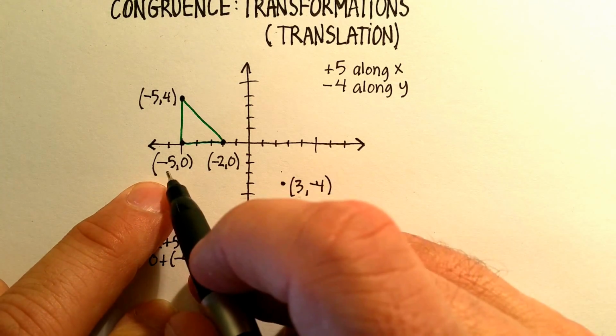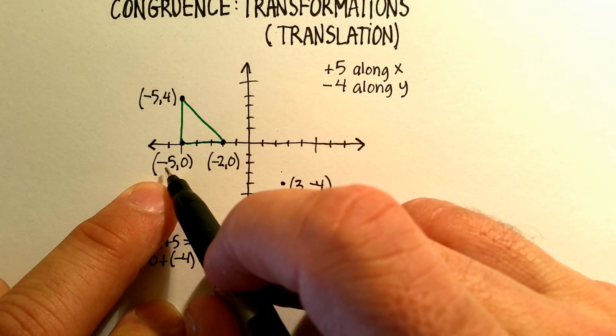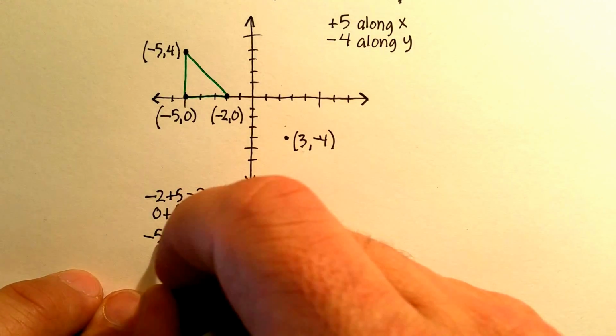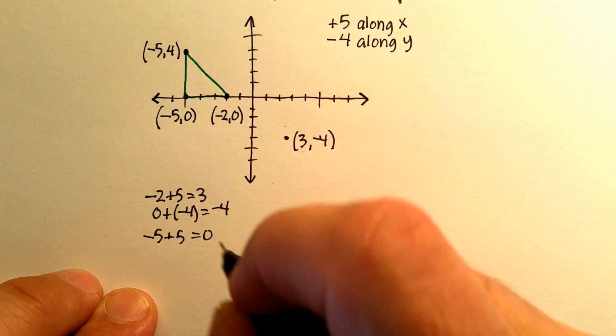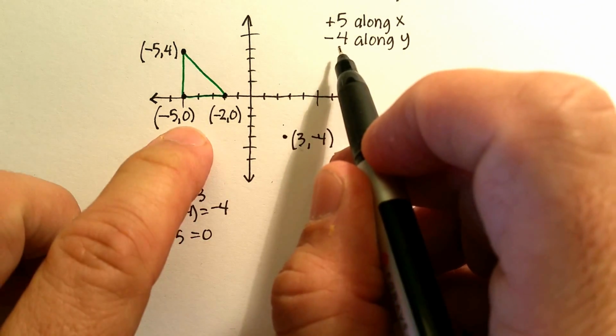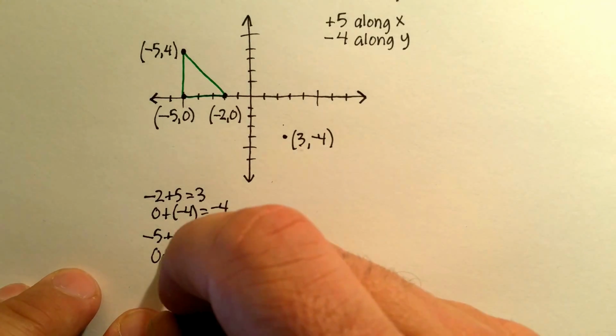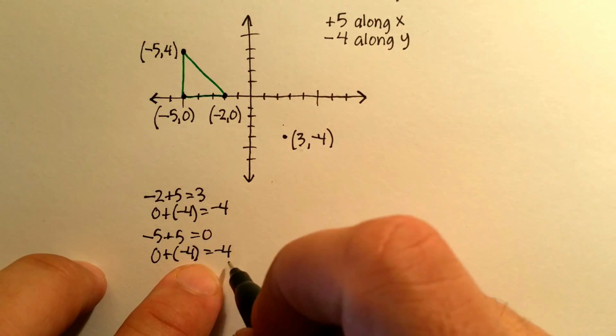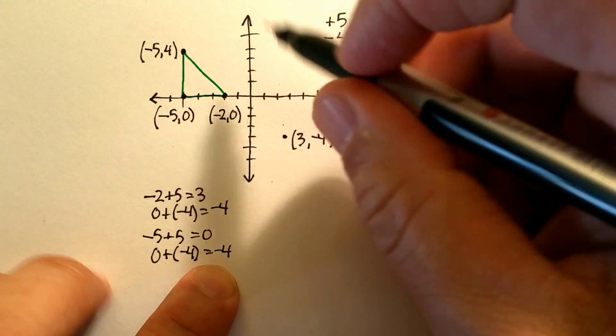I'm just going to add a +5 to this -5, and I'll get 0. And I'm going to also add a -4 to that 0. And again, we know what that does. My new coordinate would be 0, -4.